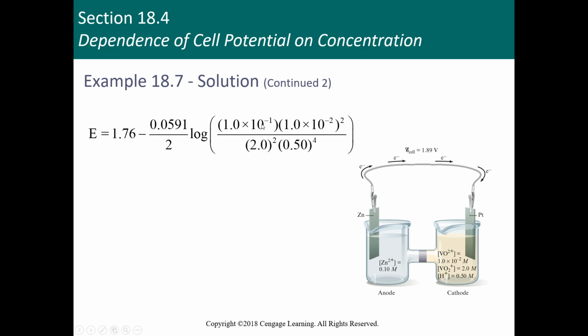Okay, so you plug in your concentrations, take them to their powers. This is one of the places where I probably get a good 70% of the people that fail these questions, they fail them because they do the calculator wrong.